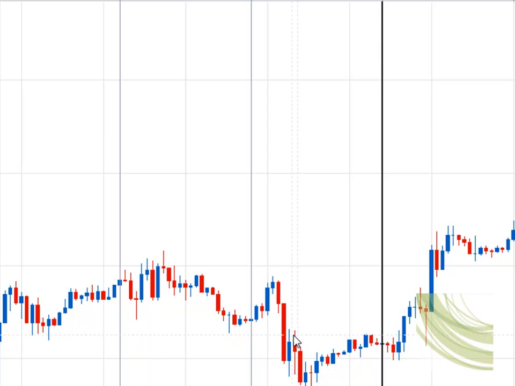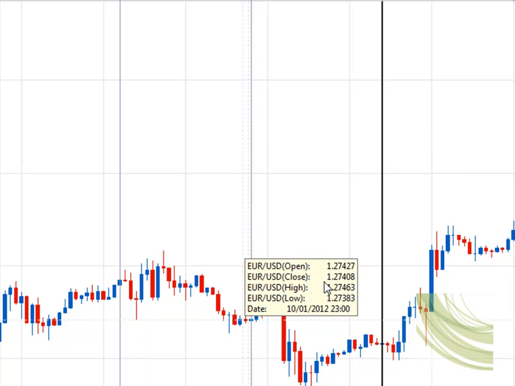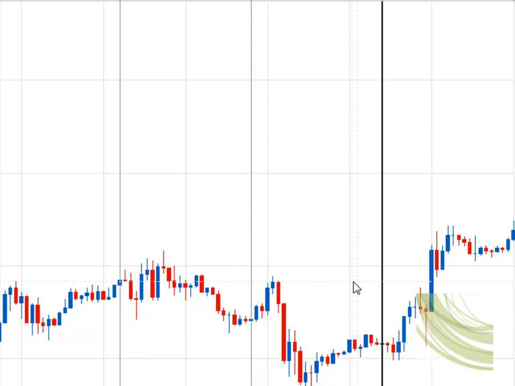Then the close value, which is where the price closed on the last day. Here is the 11th of January, so this is the last candle of the day. It closed at 1.27408.